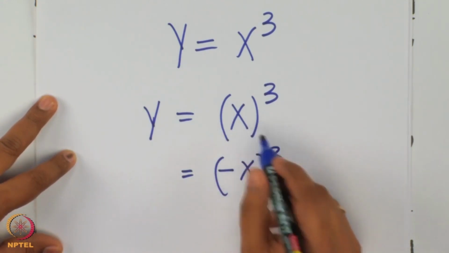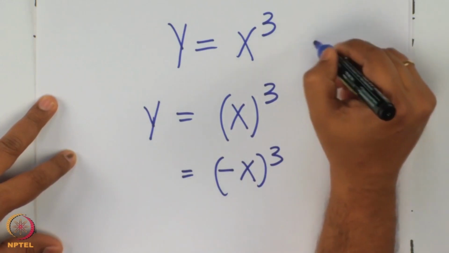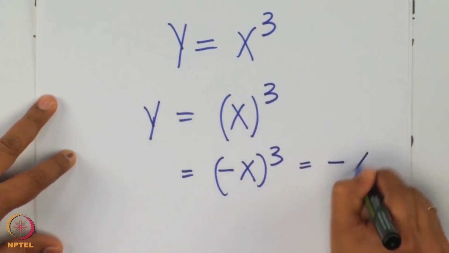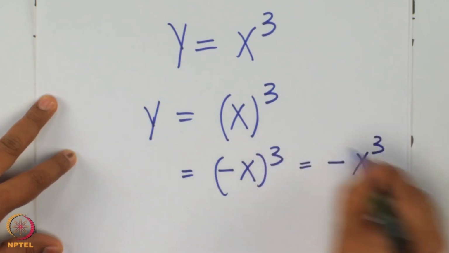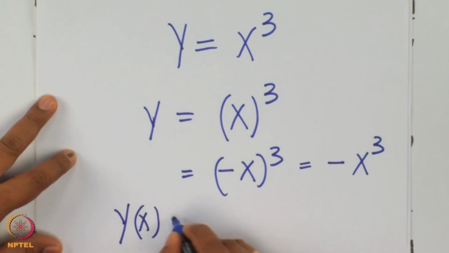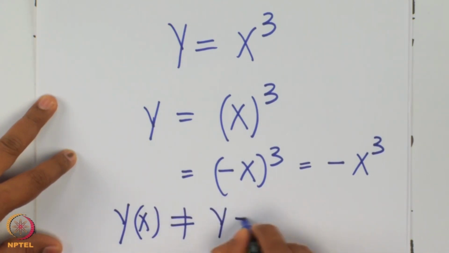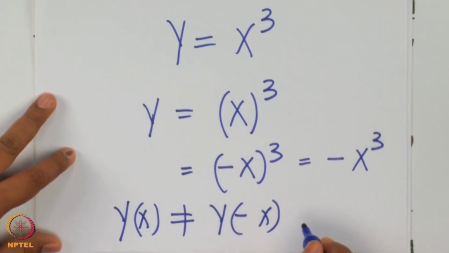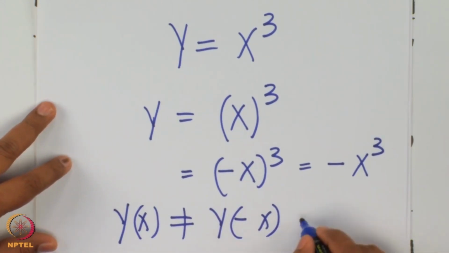Are they equal? For the square quadratic function they were equal, but this is minus of x cubed. So they are not equal. So y of x is not equal to y of minus x here, when y is x cubed.